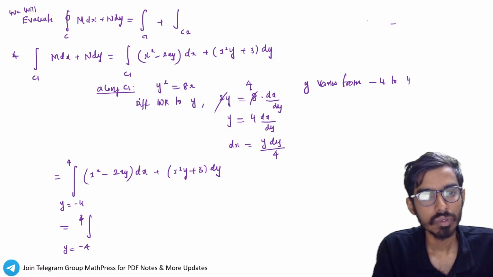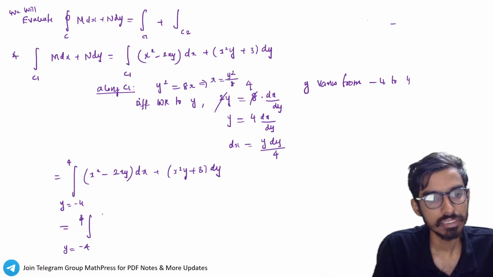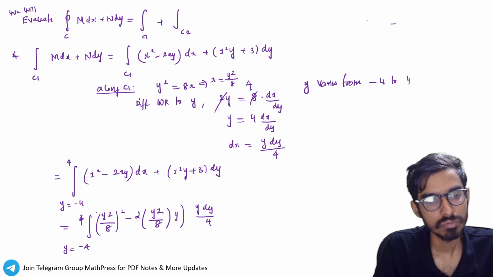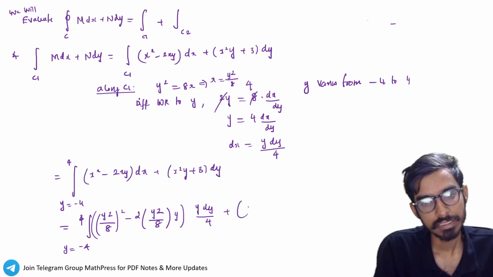Okay. So x is y square by 8, right? So x square is y square by 8 whole square minus 2 times y square by 8 into y, and dx is y dy by 4, plus y square by 8 whole square into y plus 3 dy, right?